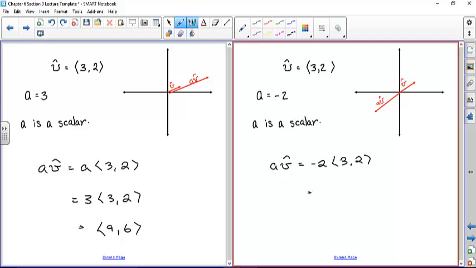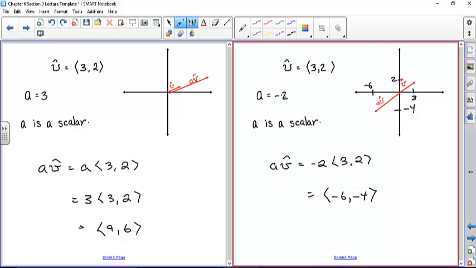Just like before, we multiply each component by negative 2, so you get negative 6 and negative 4. So this coordinate would be negative 4, and this coordinate would be negative 6, whereas this coordinate would be 3, and this coordinate would be 2.